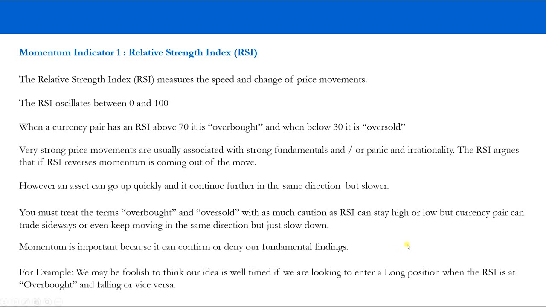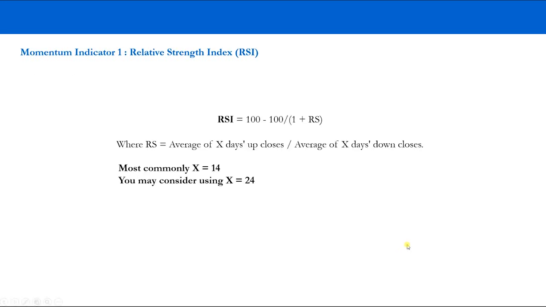If we have a look at the formula behind RSI, RSI is simply 100 minus 100 divided by 1 plus RS, where RS is relative strength. And relative strength is the average of the X days of up closes divided by the average of X days of down closes. Now you can look at this further online in your own spare time if you want to.